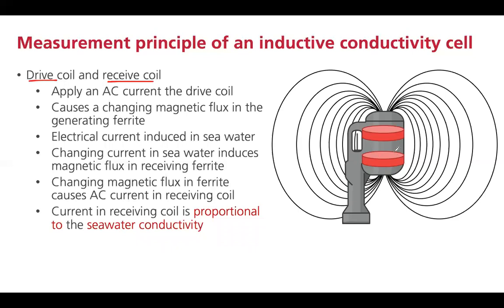Say this is the drive coil, and this is the receive coil. We generate the field with this one, and then that field is picked up by the receiving coil. That changing magnetic flux drives a current in the receiving coil of wire.